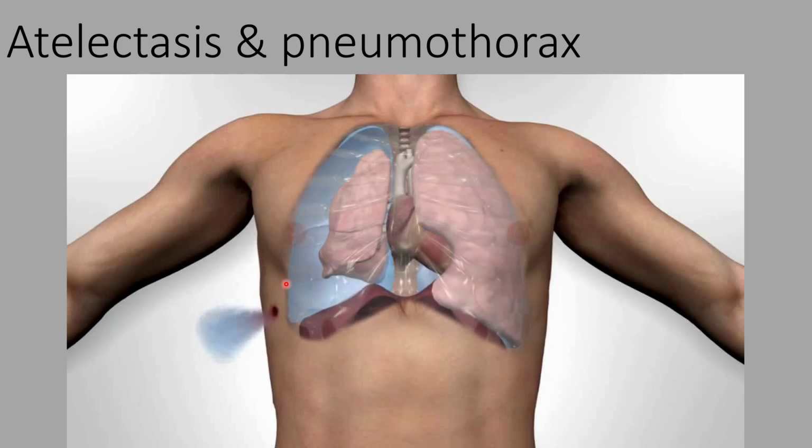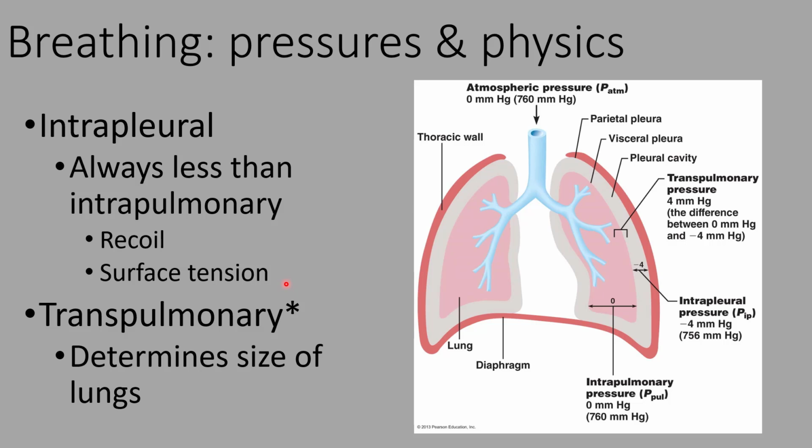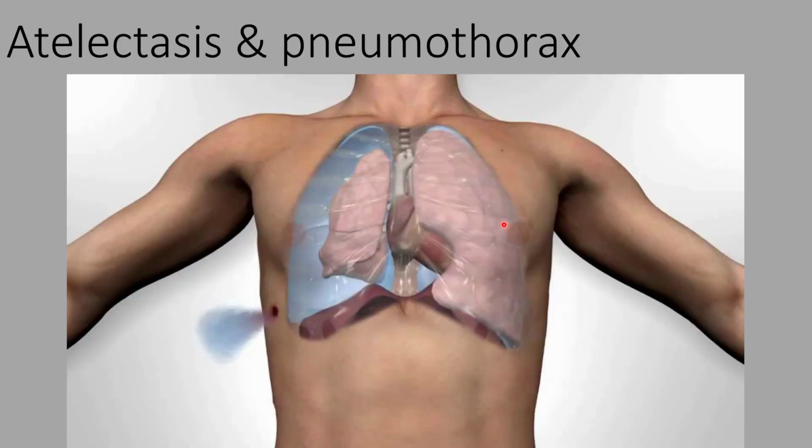So now we're not stretching the lungs anymore. We're not pulling on them. What happens? Well, we said that recoil and surface tension is the lungs trying to shrink down to their smallest possible size. If we are not stretching on the lungs, they will shrink down to their smallest possible size. We say they will collapse.